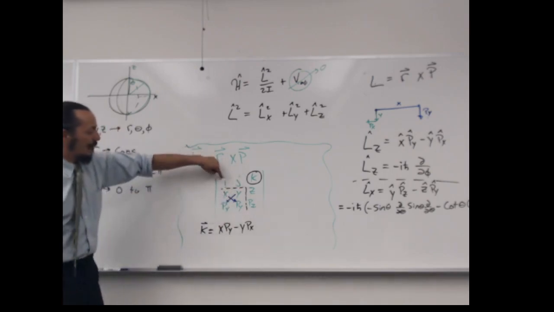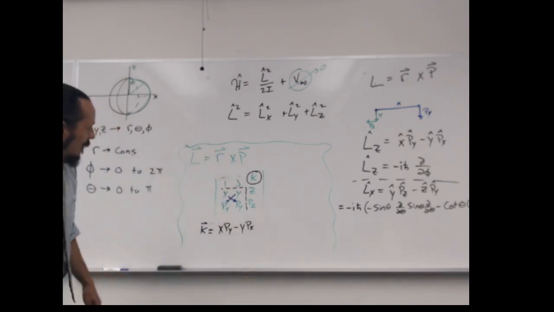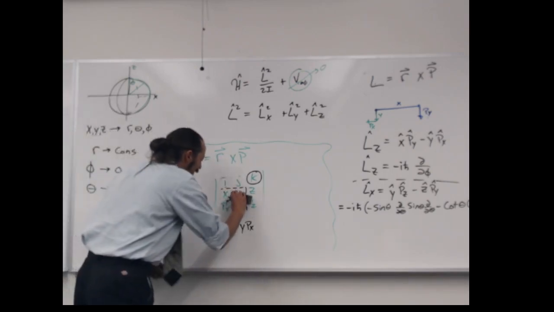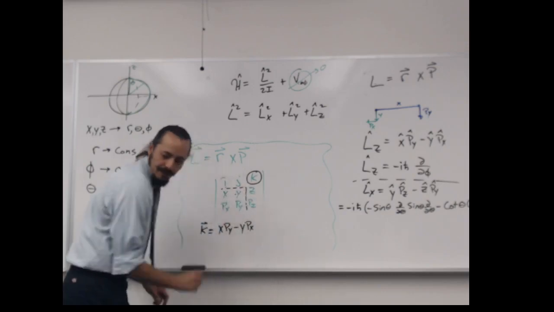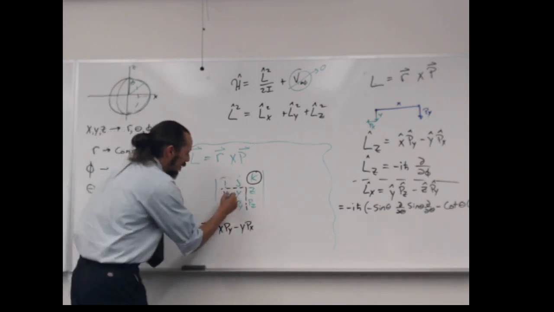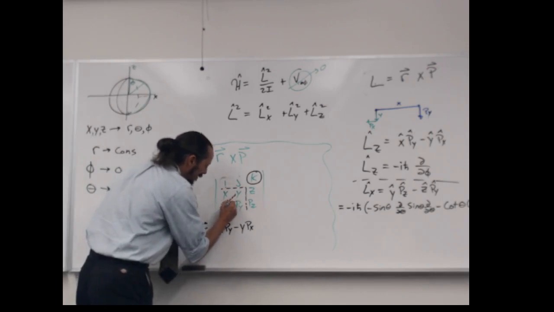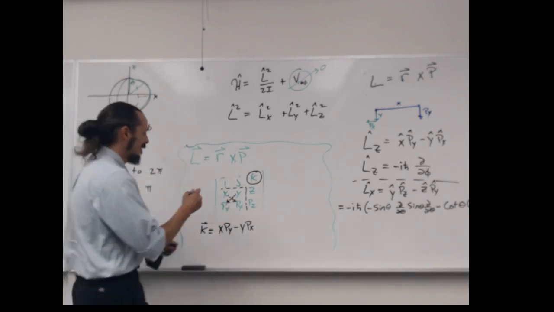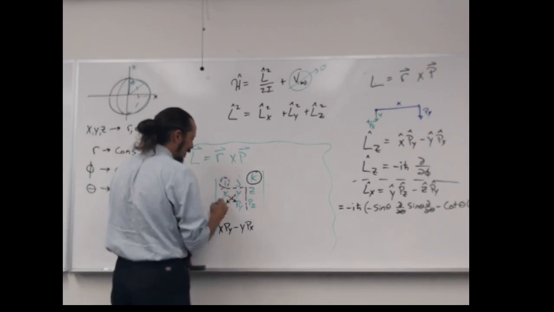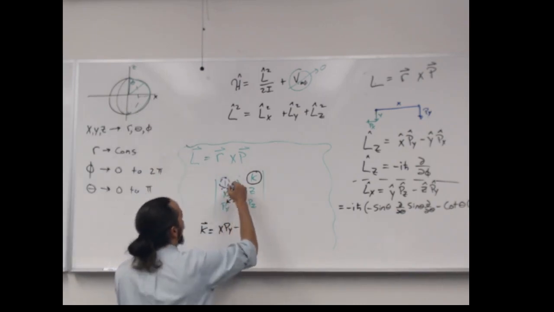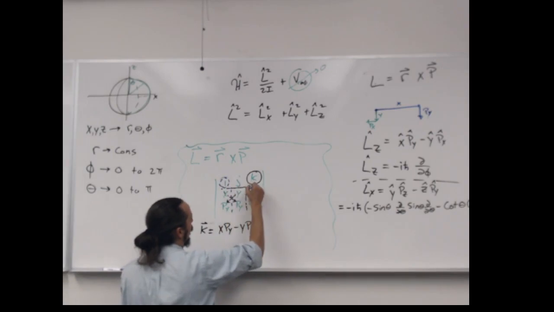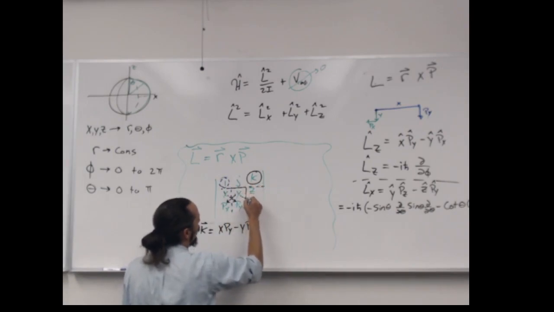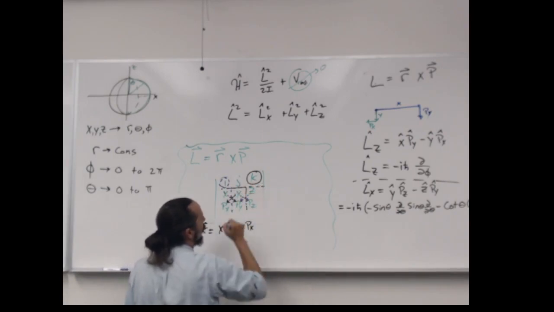Now if we did the same thing for the x, I'm using too many colors, so I'm going to take that out. Keep the colors consistent. Now if I want to do the same thing with my x over here, I'd be looking at my y and z portion, and I'd have ypz minus zpy for my cross product.